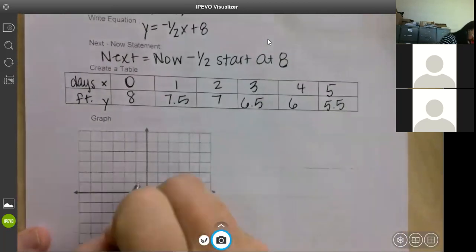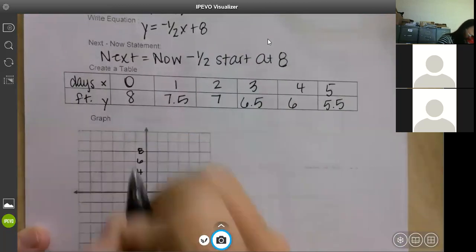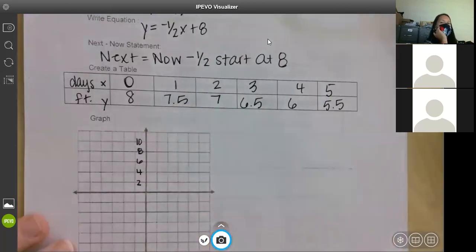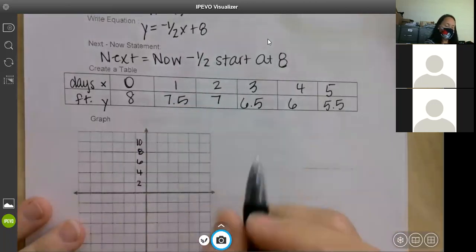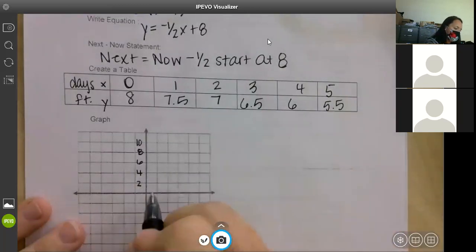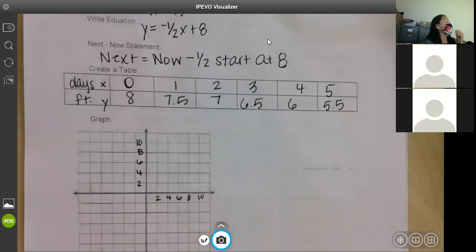On our graph, I'm going to make it scale by 2, 2, 4, 6, 8, 10. On the bottom, you can do the same thing. Just trying to get you used to seeing different scales. So watch how they work, okay?